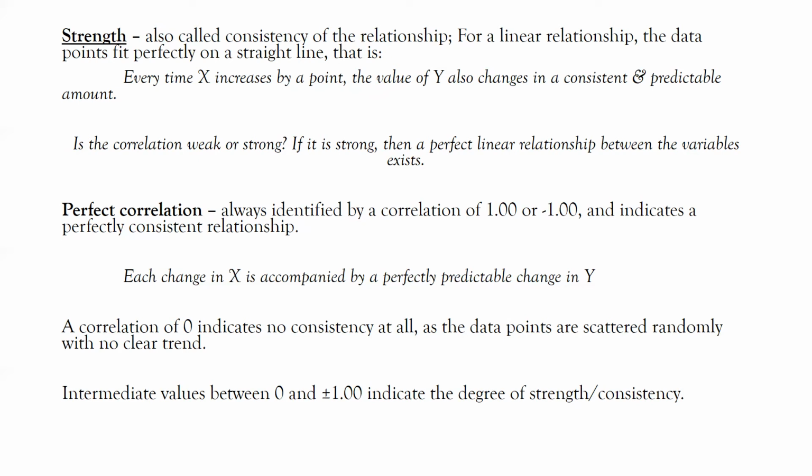Now, speaking of the direction, your positive or negative sign, and your strength or consistency based on the value of your correlation. Always remember that those two things are independent.